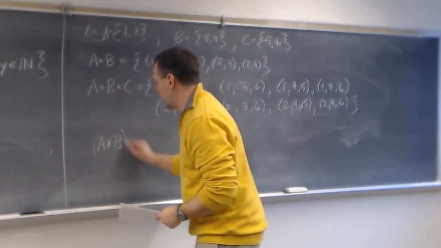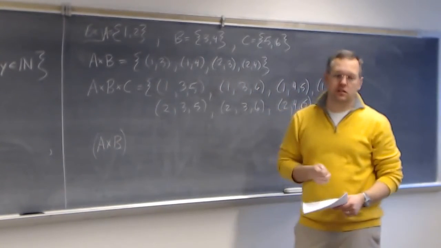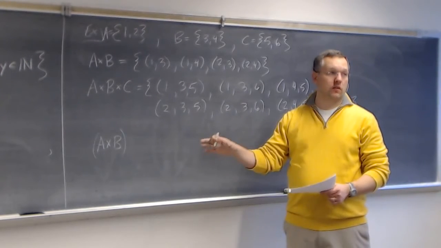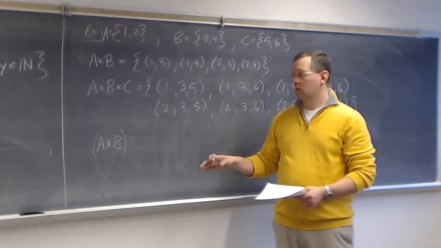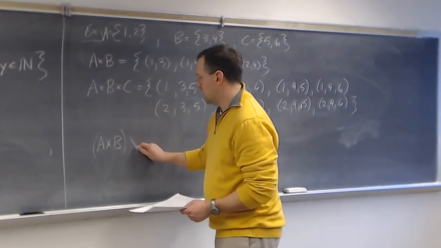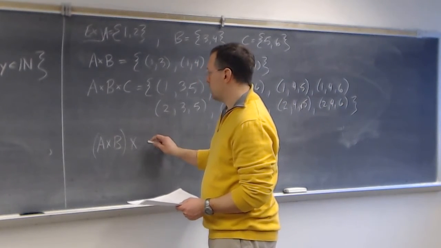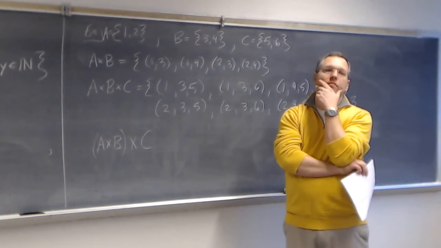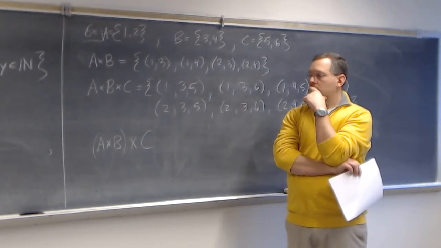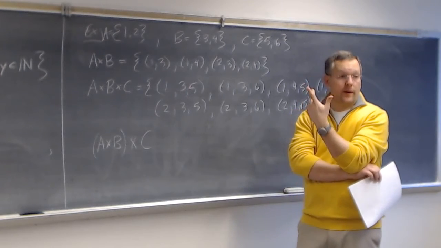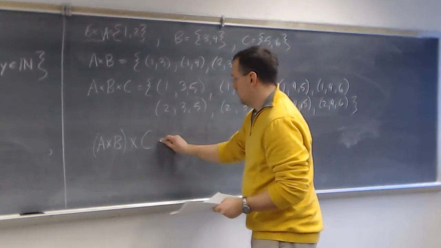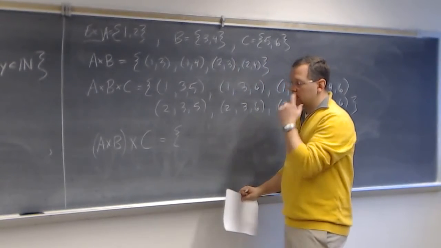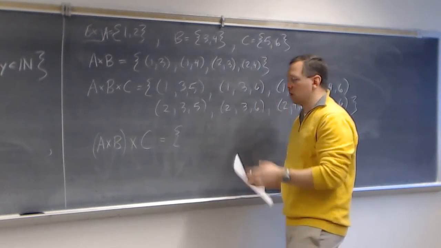So think of it this way. I need a set of parentheses here to define this. I think of this as one set, the set A cross B. I'm going to take this set and take the Cartesian product with the set C. So we're going to get ordered pairs. Without listing out the whole thing, let's think about what the ordered pairs would look like.